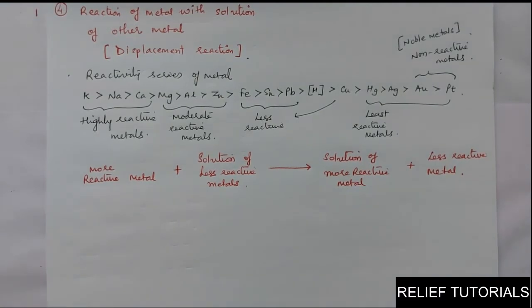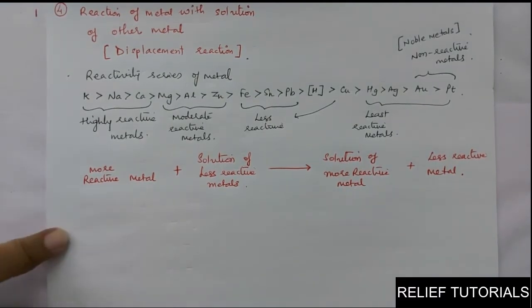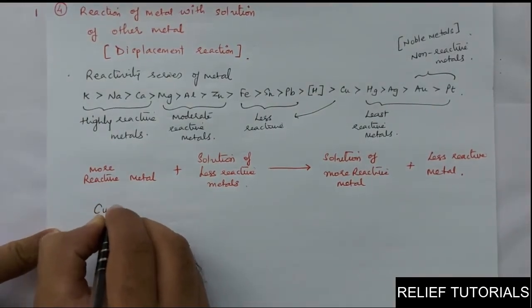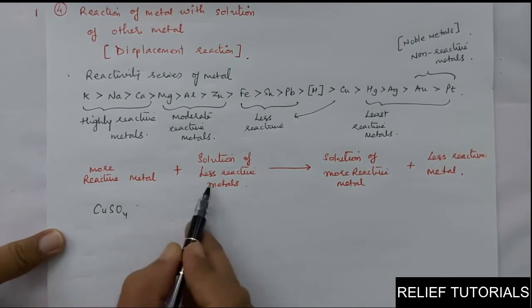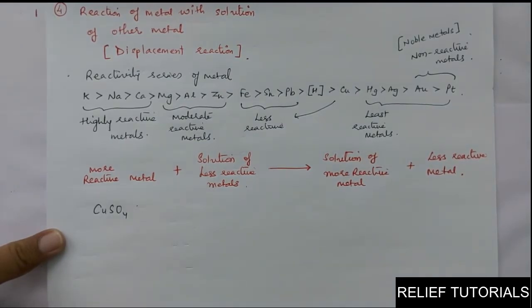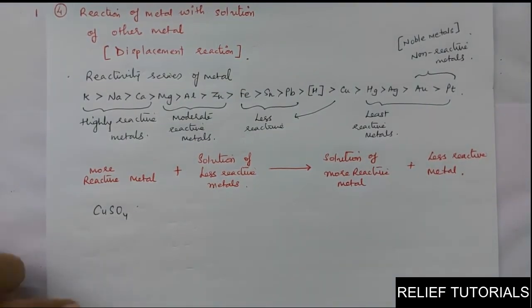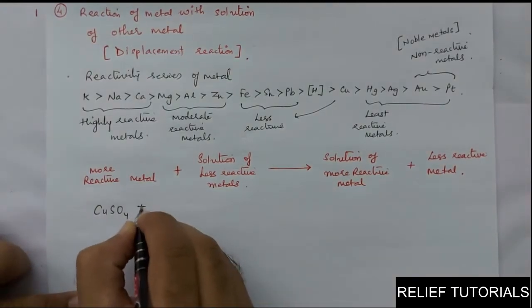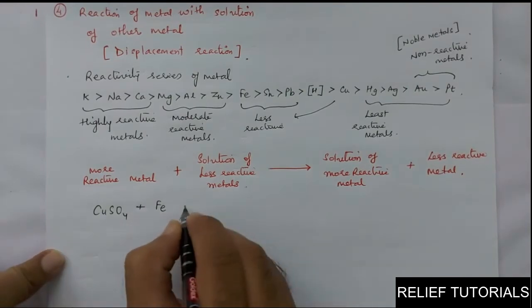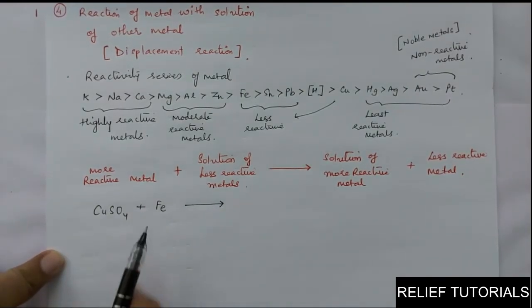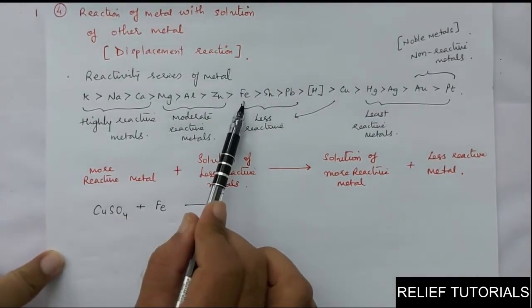We can have some examples. The very famous example: copper sulfate solution, the solution of less reactive metal here, and if you add iron strip in that, then what happens? Fe is more reactive.